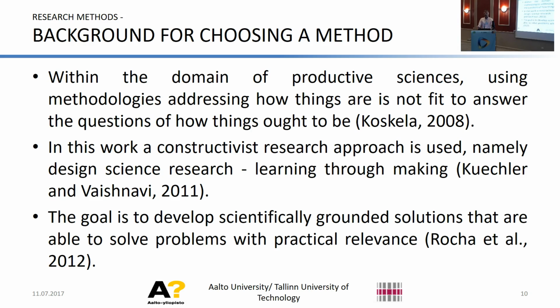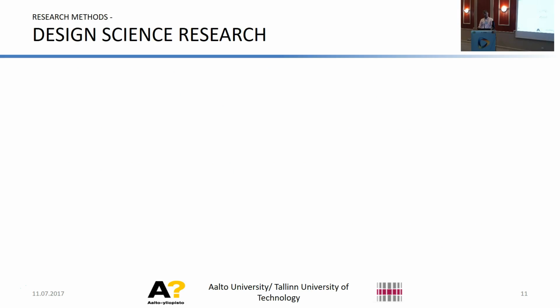They are, by nature, different things. So the goal is to develop scientifically grounded solutions that are able to solve problems with practical relevance, which is the purpose of design science research.